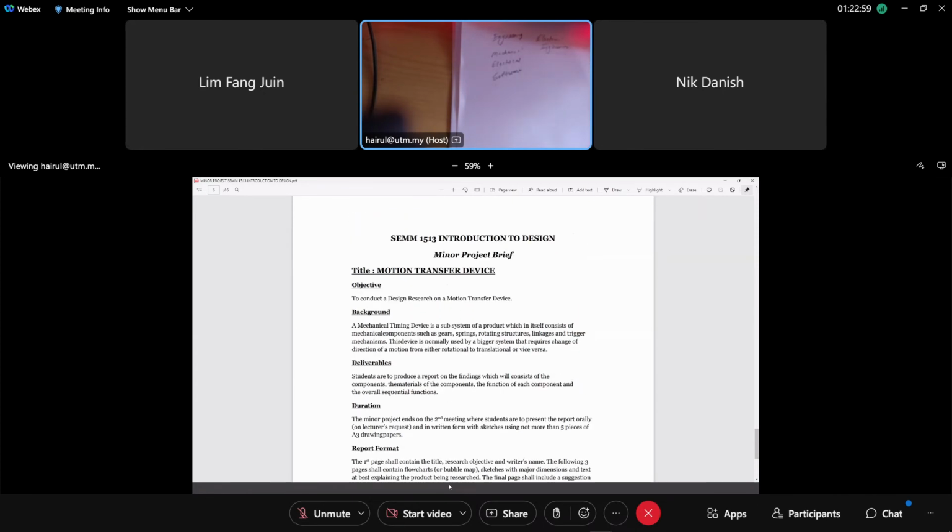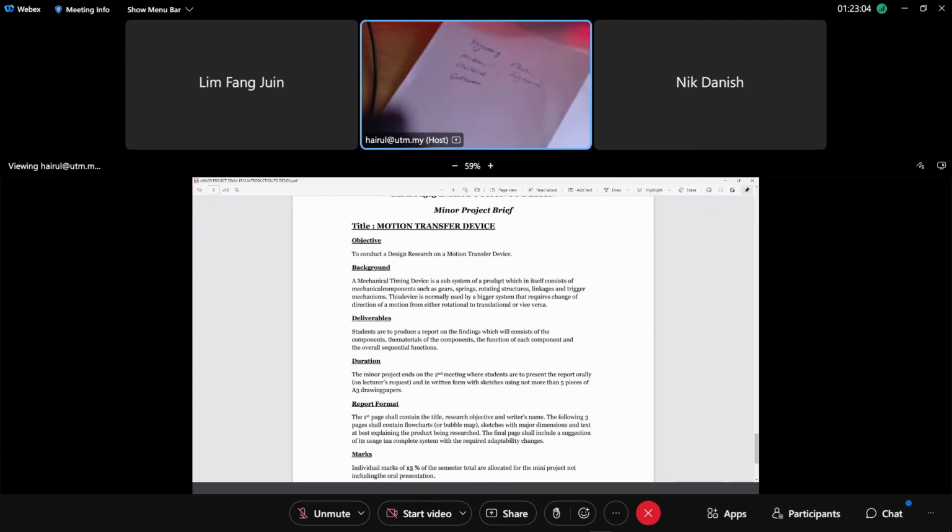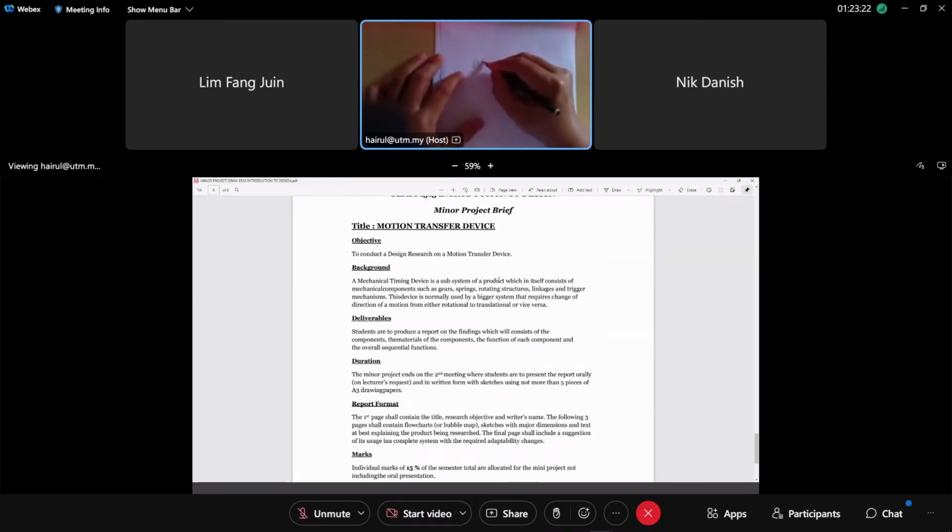For example, motion transfer device. Motion transfer device, any device that you can easily get that involves motion transfer. Motion transfer is something that you study about mechanism. You dismantle, dissectioning. Dissectioning means, what is the meaning of that? If you look on my live video, dissectioning means dissection. Dissection is good design.